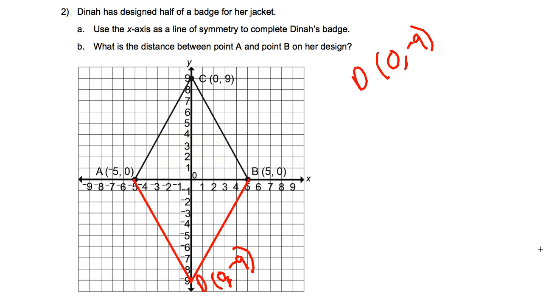Now I have to address part B. What is the distance between point A and point B on her design? A minute ago I talked about how to look for where you have a value that's the same. And here I have 0 on the x-axis. So with 0 on the x-axis, what I need to do is focus on negative 5 and positive 5.